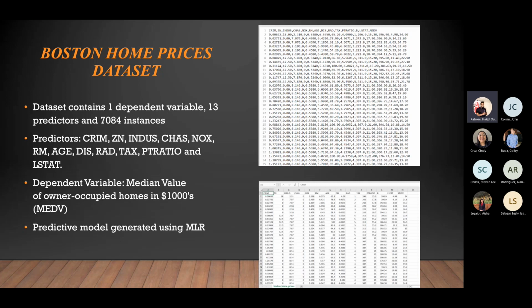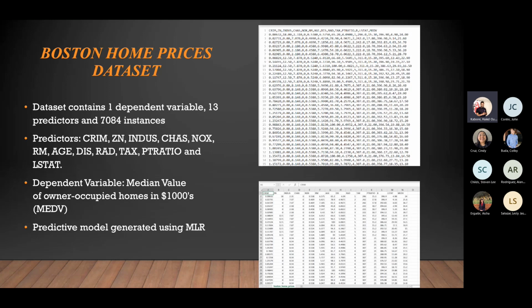And we have DIS, which means the weighted distances to 5 Boston employment centers. And we have RAD, which means the index of accessibility to radial highways. Also, we have TAX, which means the full-value property tax rate per $10,000.